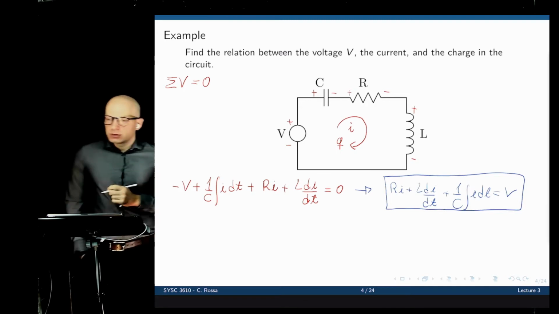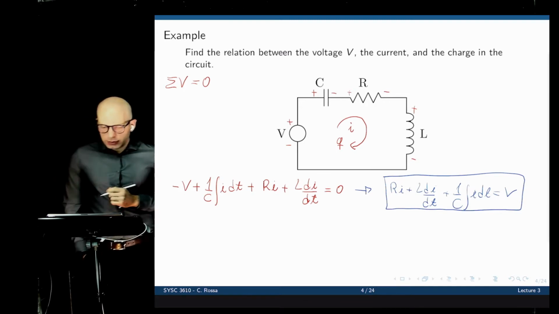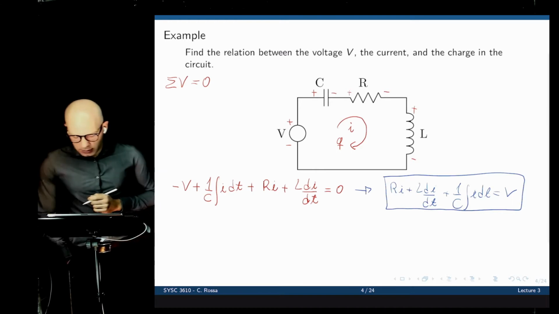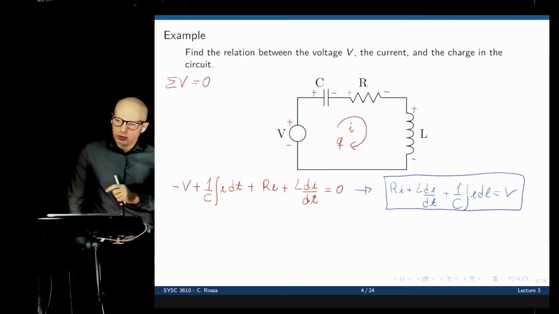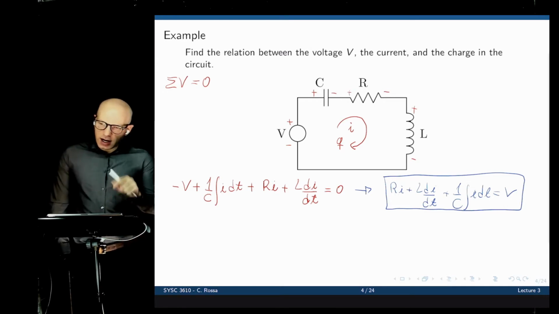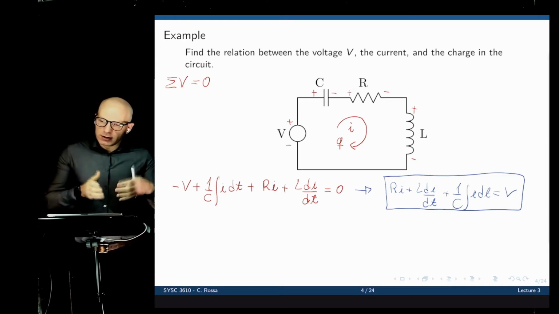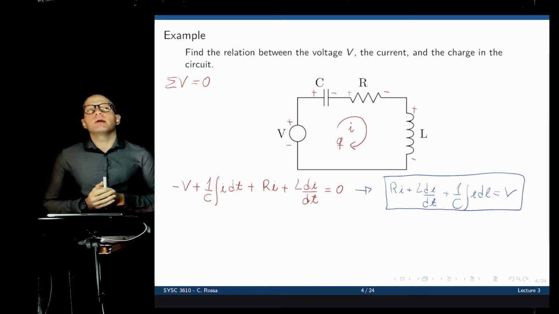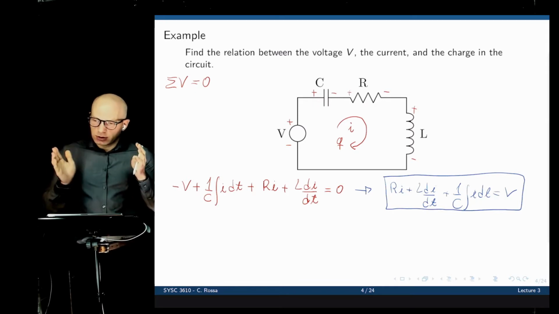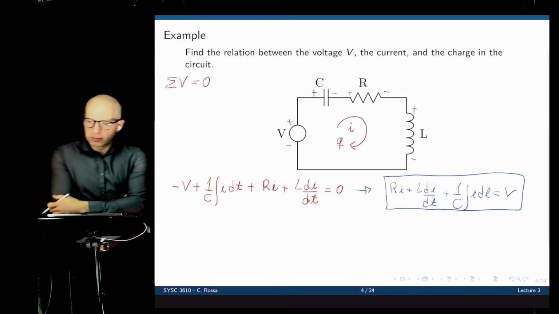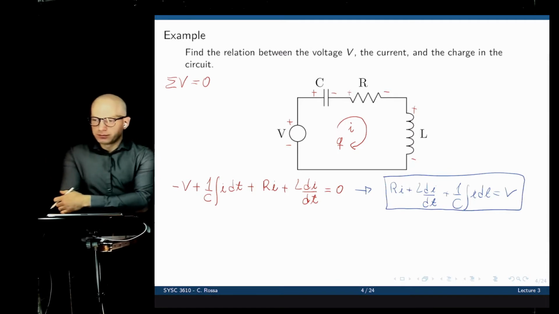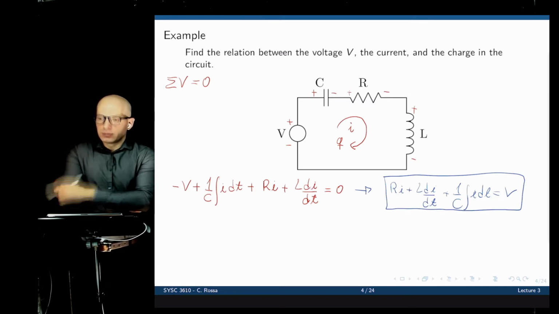Very well. So now the next part of the question asks for the relation between the charge and the voltage input V. To do that, we can use the equation we already derived and replace I with its equivalent relation to the charge. So let me ask you this, what is the relation between the electrical current and the electrical charge? Current is a measure of charge over time. Exactly.